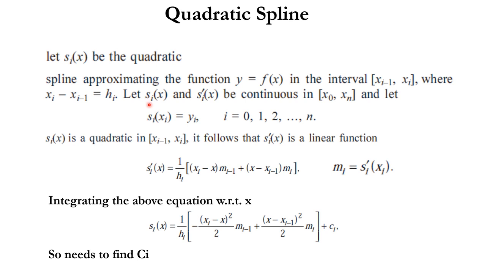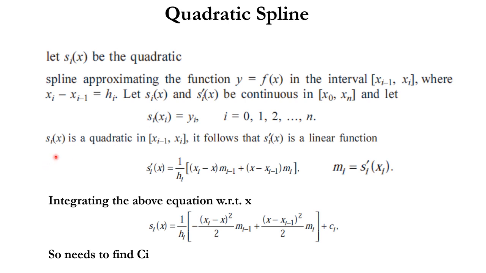Now let the Si of x and Si prime of x be continuous in the whole interval x0, xn, and let Si of xi equal to yi, that is the basic condition for the interpolation. For all kinds of interpolation, we already mentioned that the function should agree at all the given points. So that is why the Si of xi should be yi.